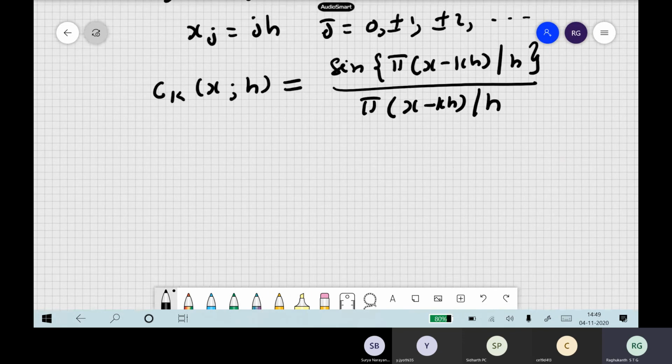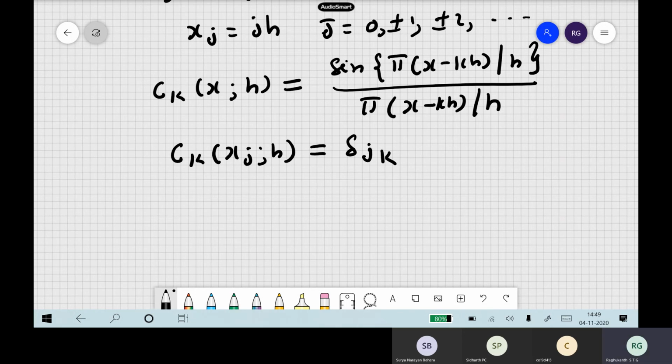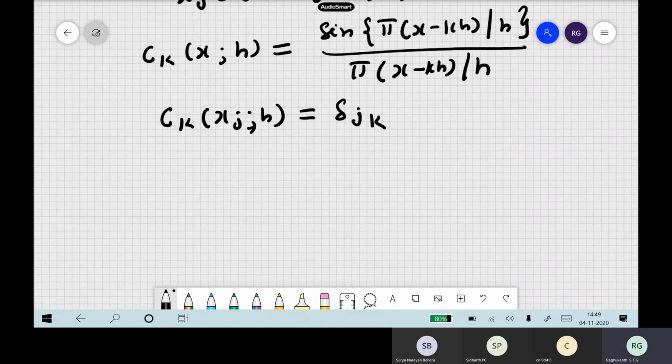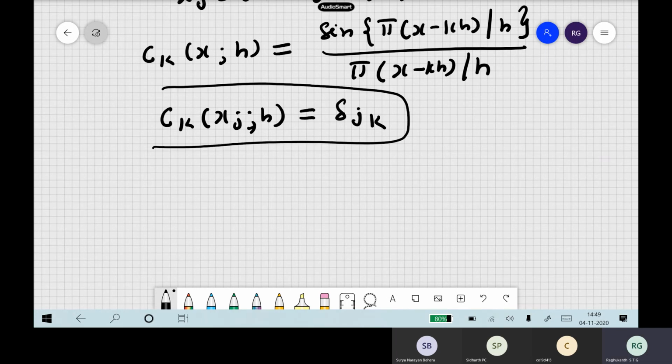The main advantage of cardinal functions is that Ck of xj at h is equal to delta jk. What does it tell you? What is the meaning of this? What is the property of this cardinal function?